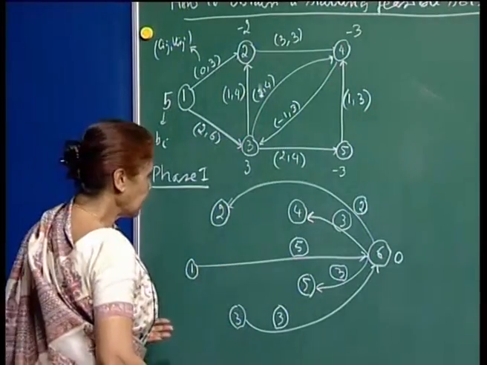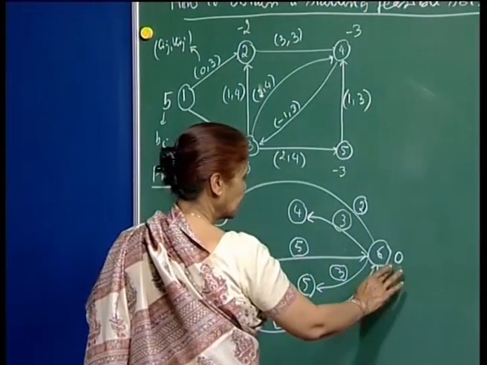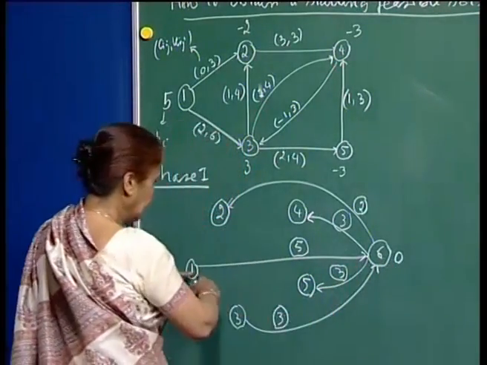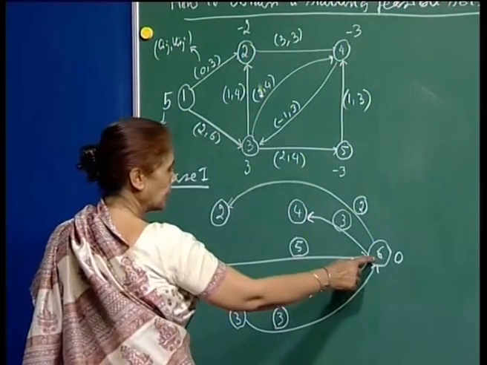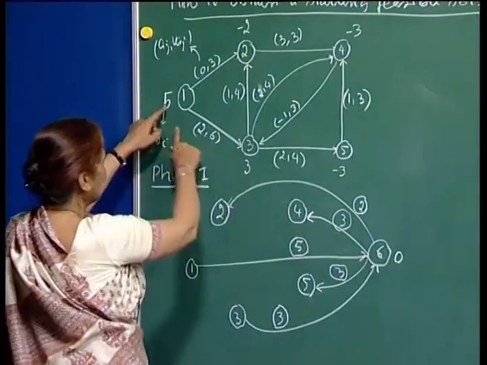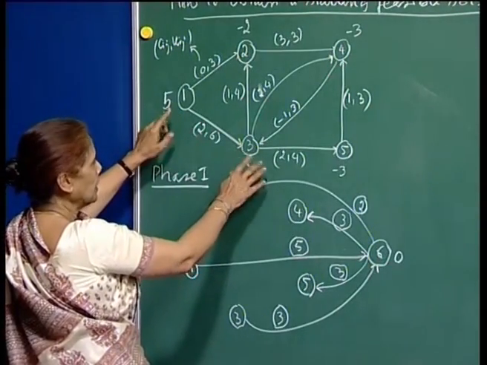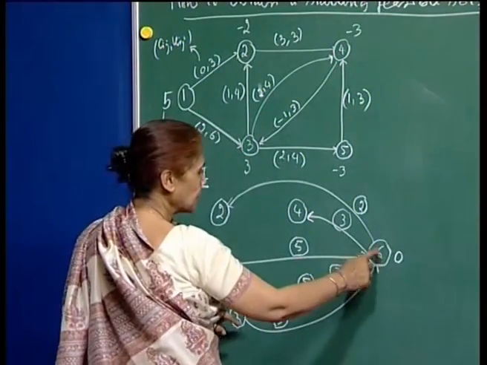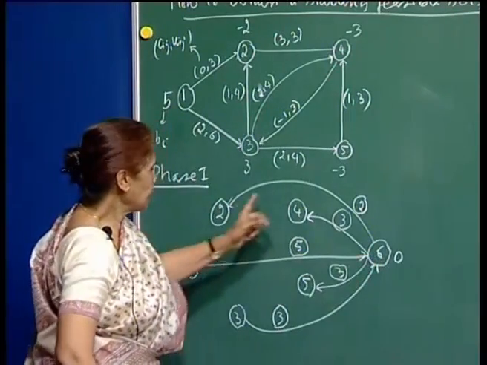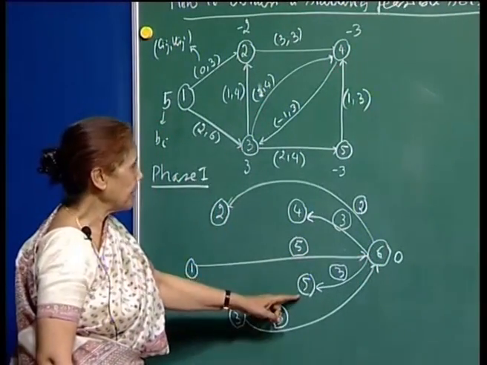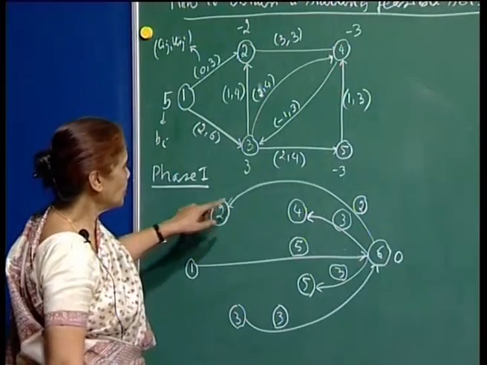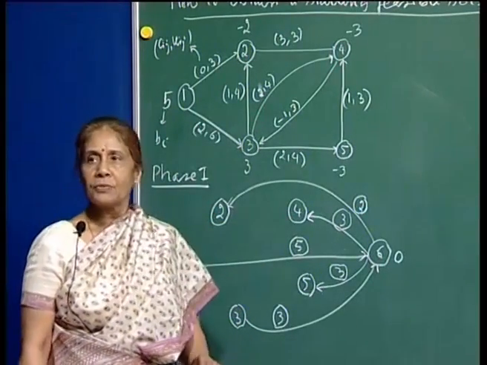Of course, the supply at node 6 would be 0. This node will then get 8 units, because 5 plus 3 are the total supplies available in the network. These 8 units will get redistributed to 2, 4 and 5. Node 2 has a demand of 2, and 4 and 5 both have demands of 3 units.